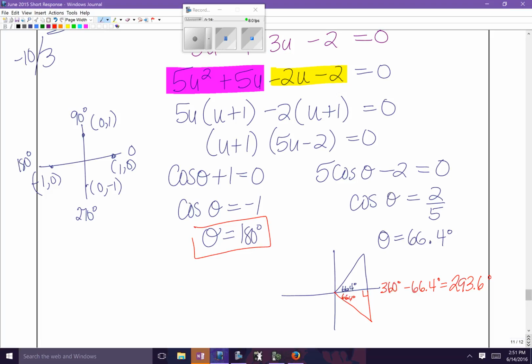So your answers are 180, 66.4 degrees, and 293.6 degrees. They are all within that interval, so we know we did it correct. So sometimes you got to be careful with these. Usually if it's a non-zero, 1, or -1 answer, there are 2 possible solutions. So just be careful when you do these.